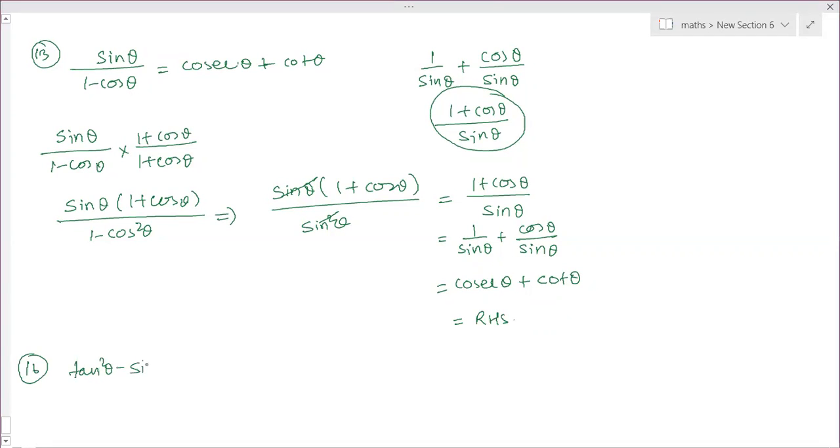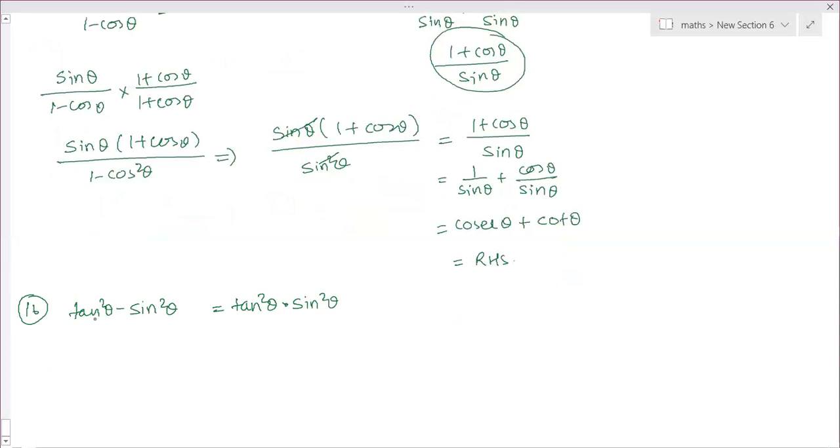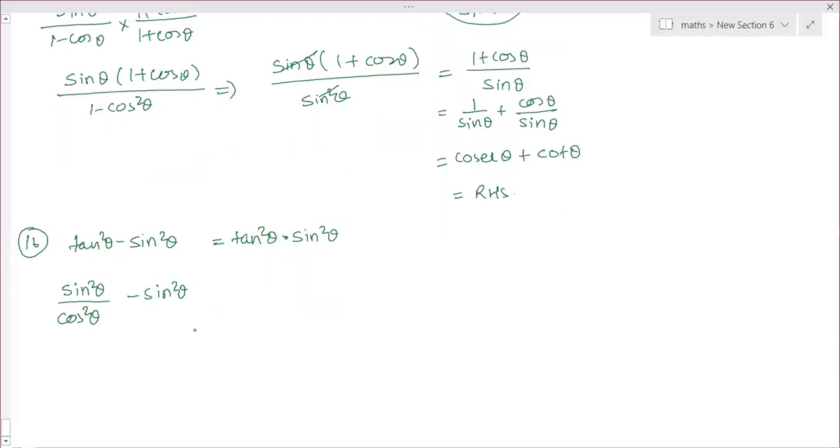Tan square theta minus sin square theta, we have to show it is equal to tan square theta into sin square theta. So it is in the difference form and that will become the product form. So tan square theta is sin square theta by cos square theta, minus sin square theta. Further, what to do?